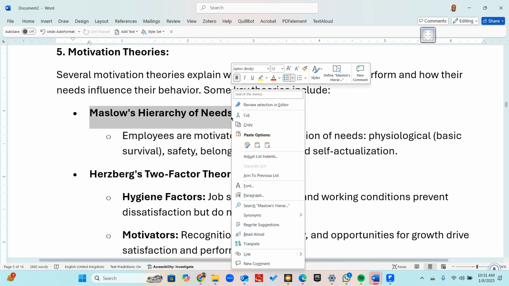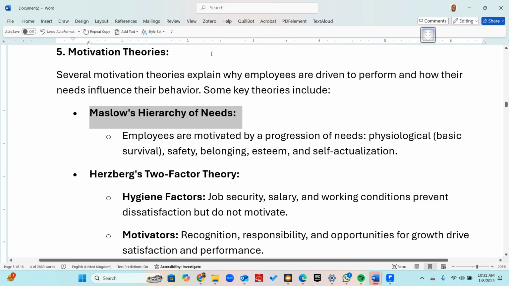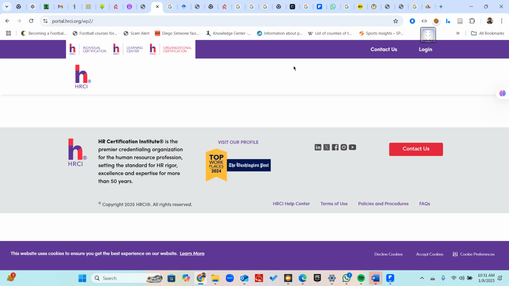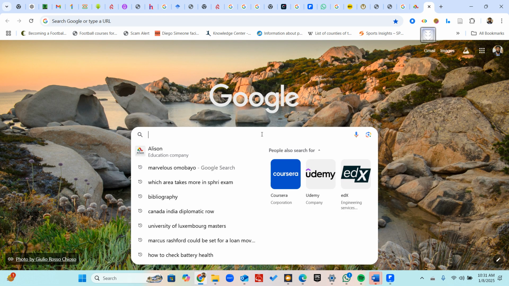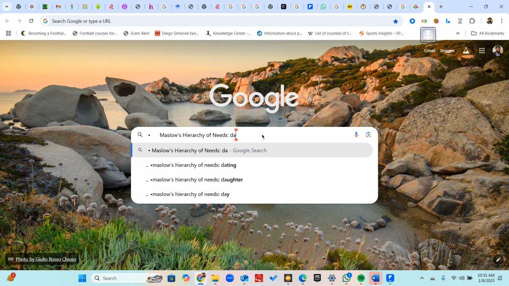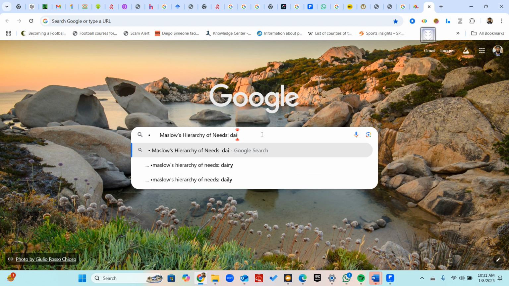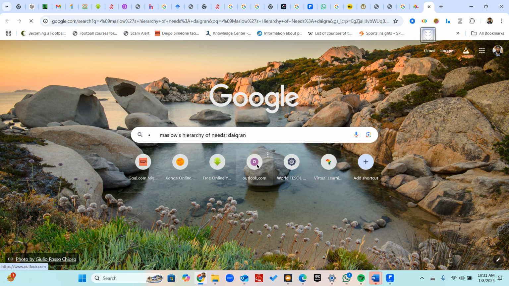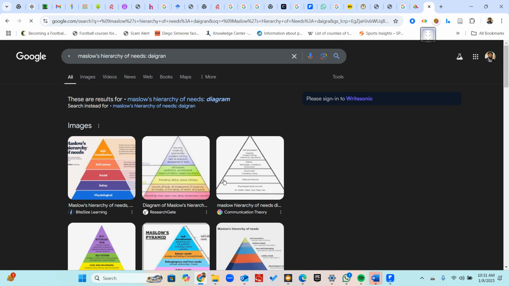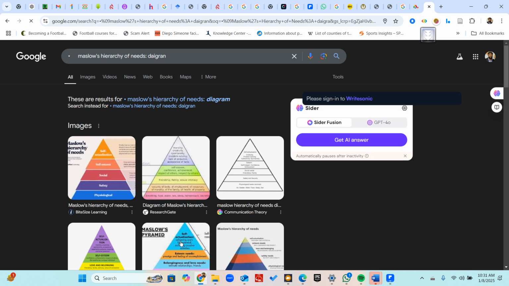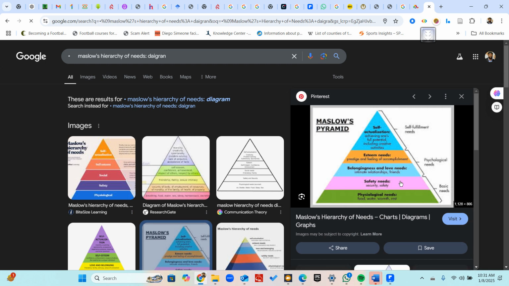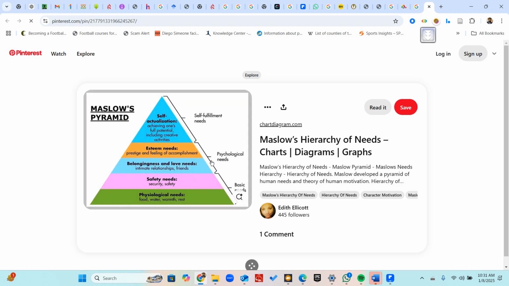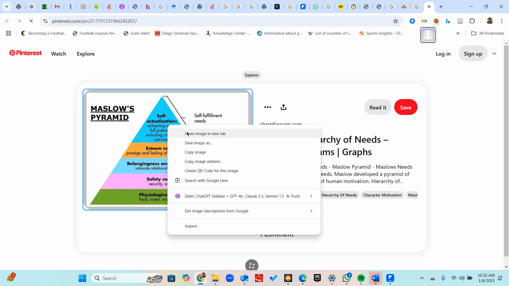And maybe the diagram can also help. So the Maslow's pyramid. So this is the diagram. The basic need is the psychological need, safety need, belonging and love, esteem needs, and the self-actualization need.